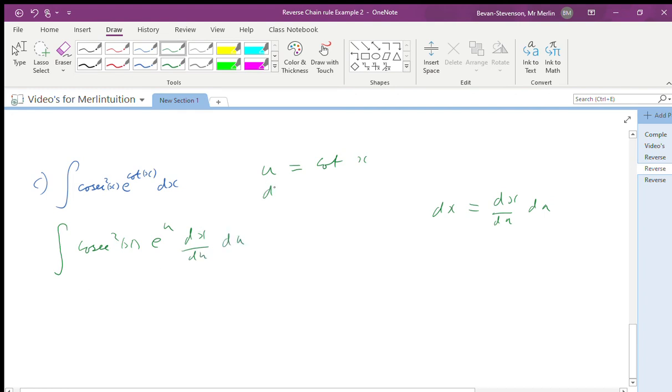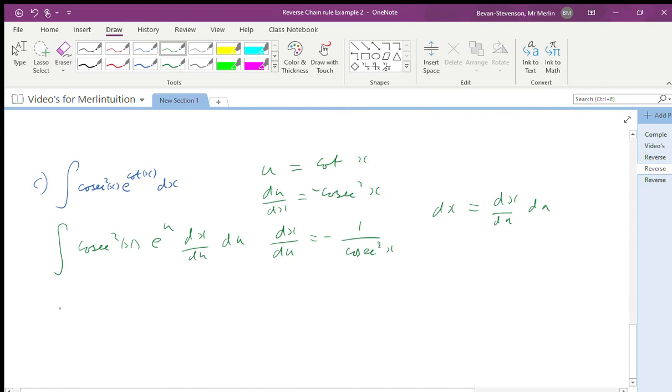Du by dx. Now cot differentiates to minus cosec squared x, and so dx by du is minus 1 over cosec squared x.